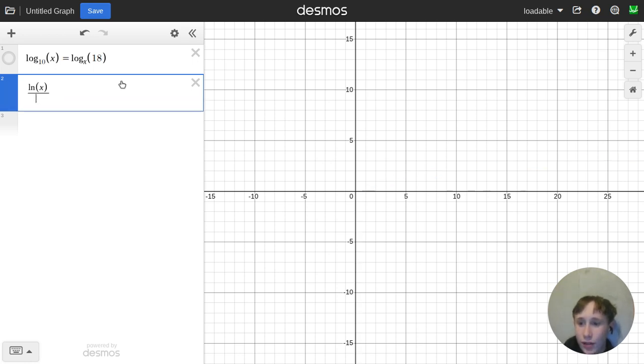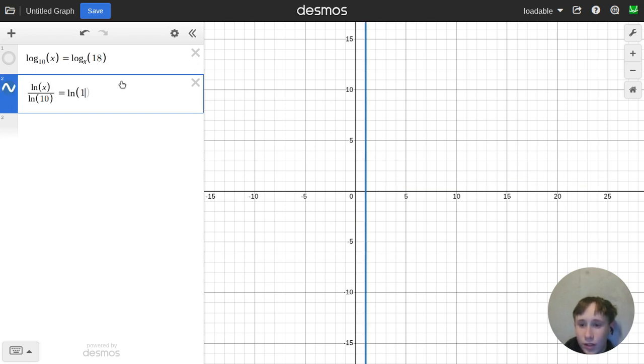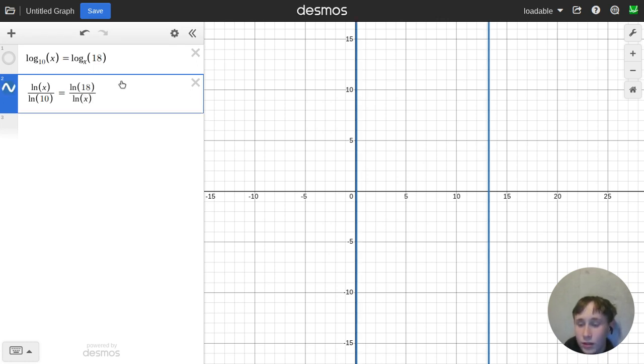Log natural x over log natural 10 equals log natural 18 over log natural x.